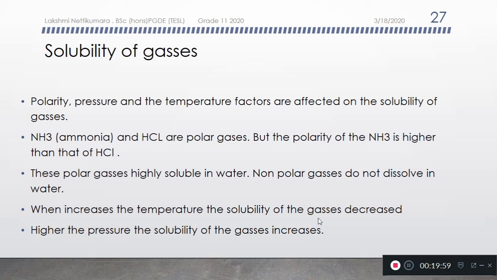So let's take the solubility of gases. If you learn the properties of gases, gases also can be categorized as polar gases and non-polar gases, but the polarity of them are different to each other.